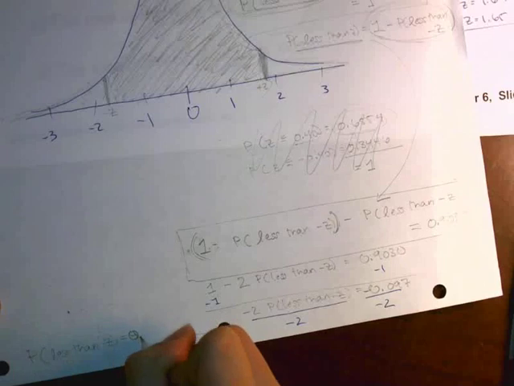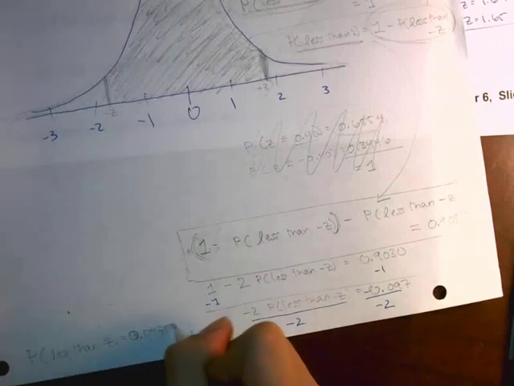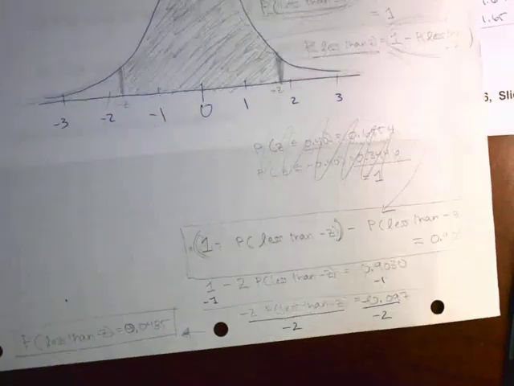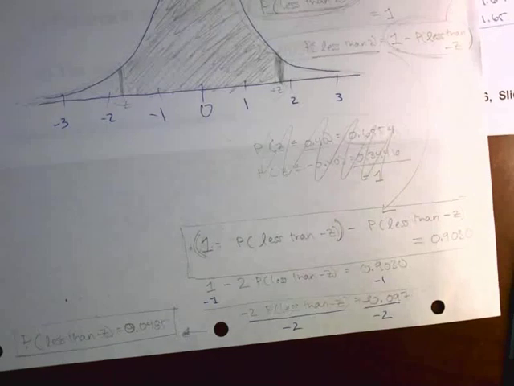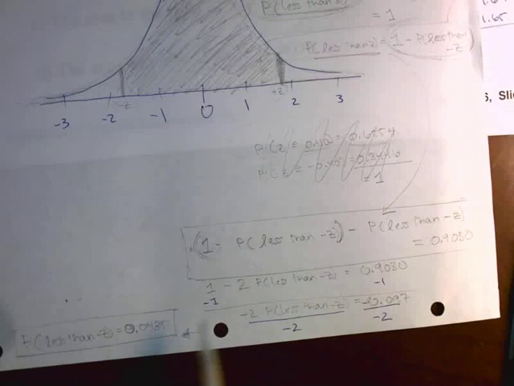So I have the probability that it's less than negative z is 0.0485. We're not done yet, but what did we just find?